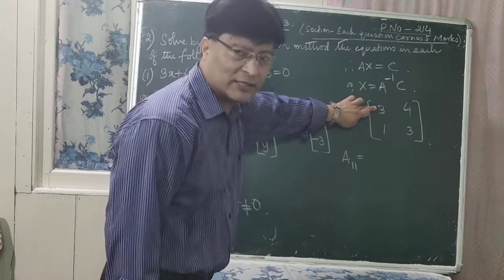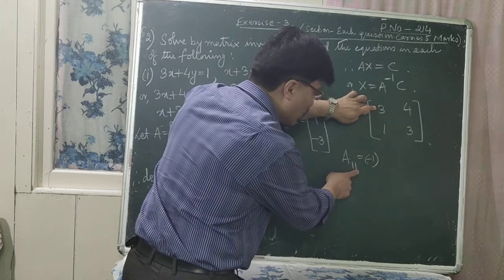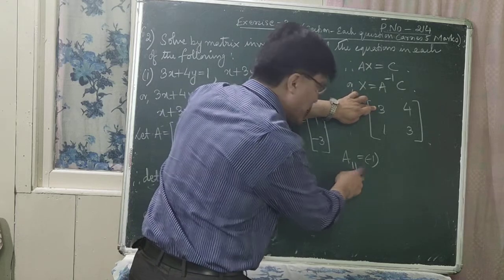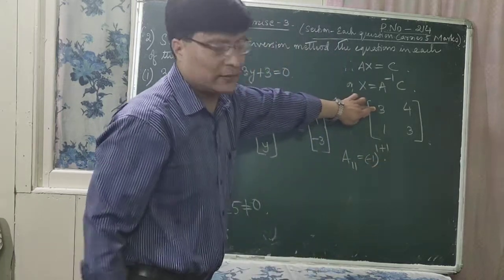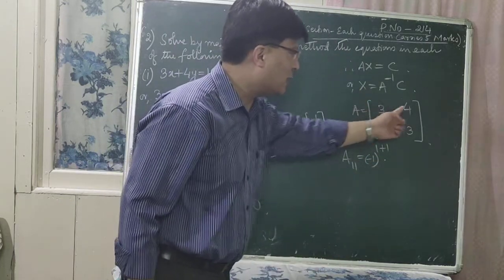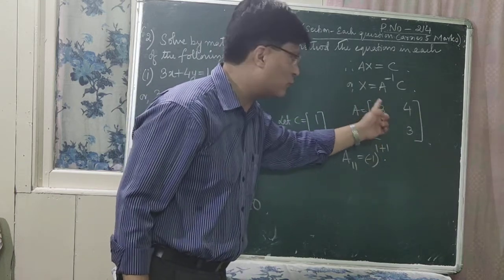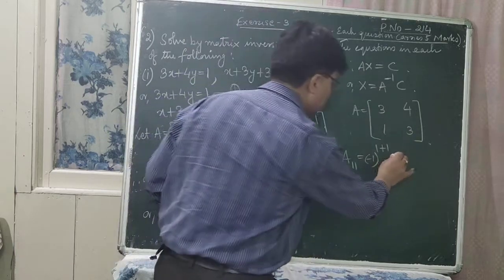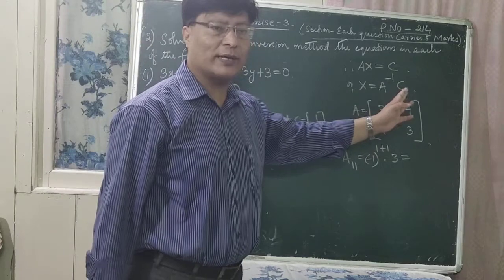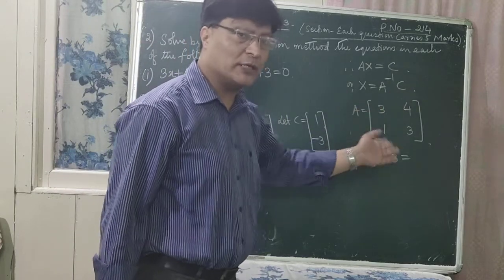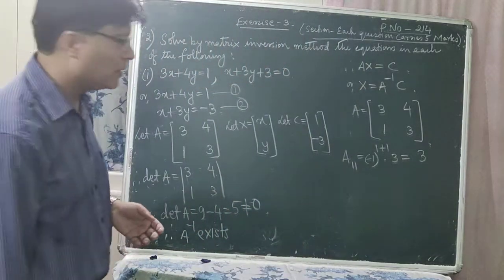So you write minus 1 whole to the power 1 plus 1, into, then you have to delete the row and the column through the element 3. First row and first column are deleted. What remains? 3. So into 3, which is equal to, minus 1 whole squared is plus 1, you know that. So plus 1 into 3 is always 3. And usually we don't write the plus sign.